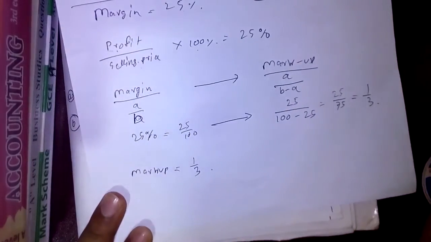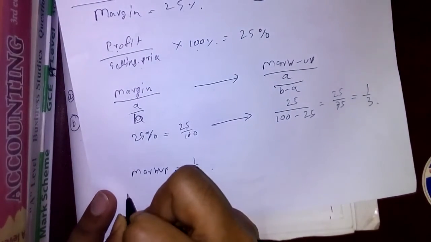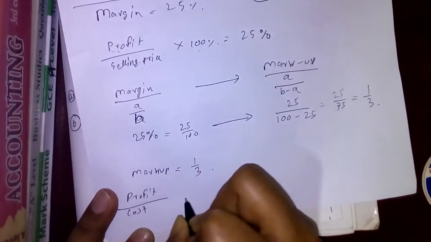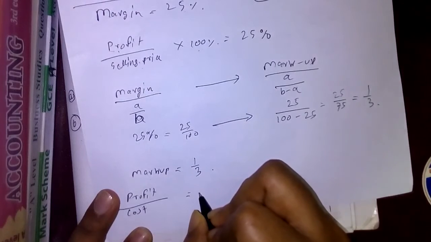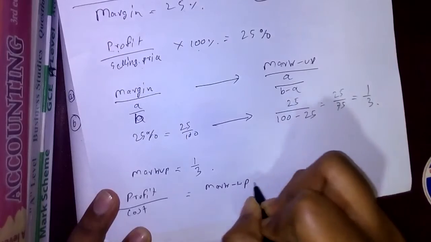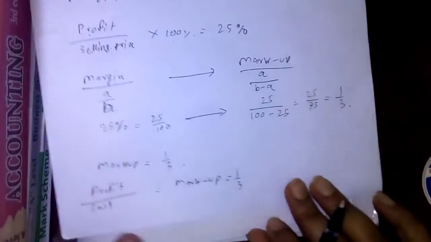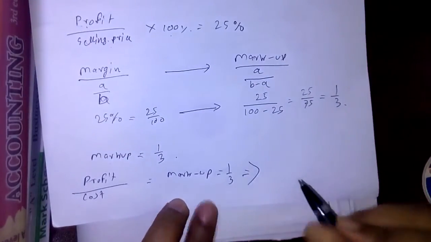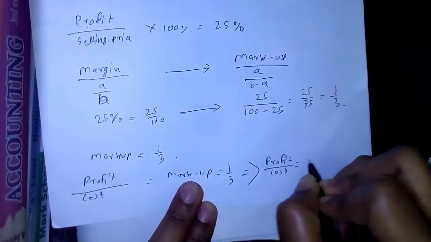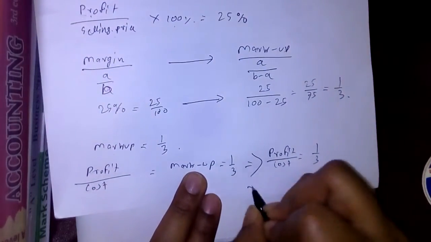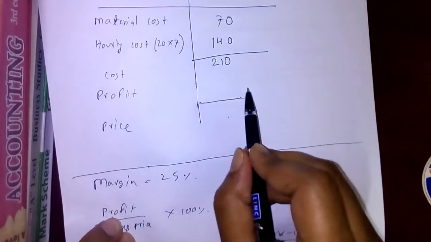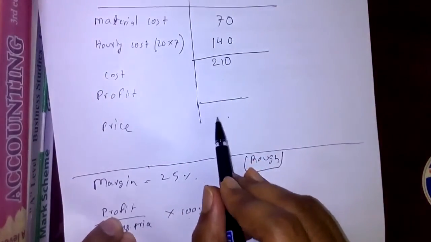Now what is the formula for markup? Markup formula is pretty simple. Profit divided by cost is equal to markup, and as we have already found, markup is equal to 1 by 3. So now we can write that profit by cost is equal to 1 by 3. We have to find profit. Remember, if we look back, we need to find the profit from this particular quotation to find the price.